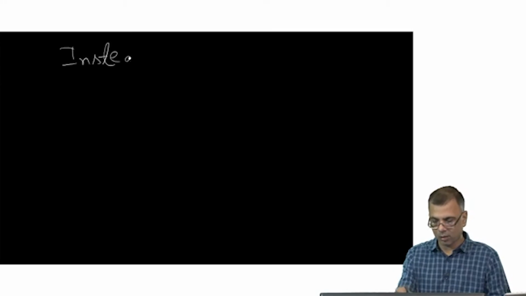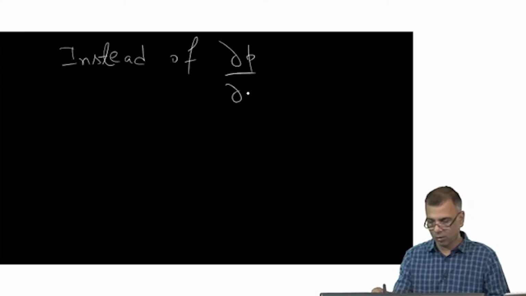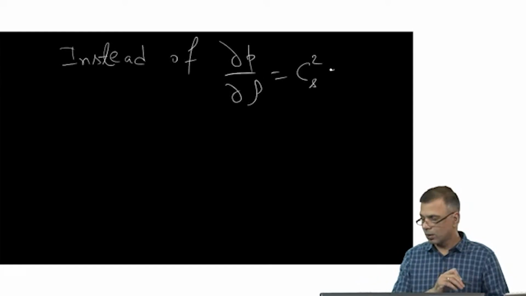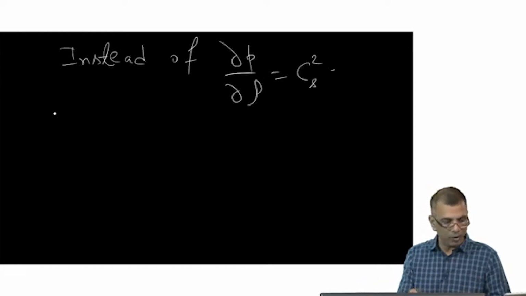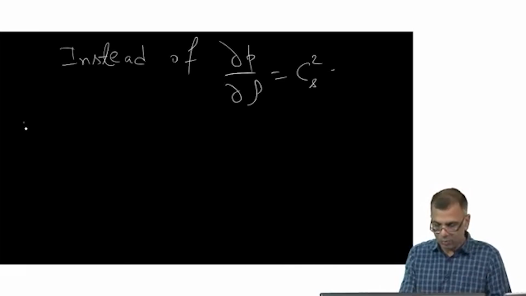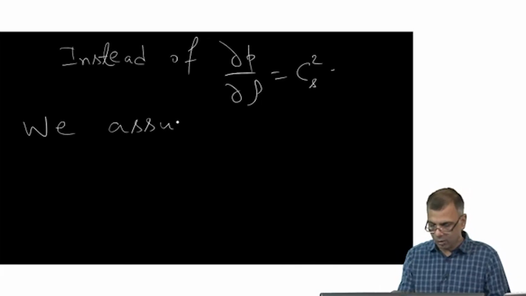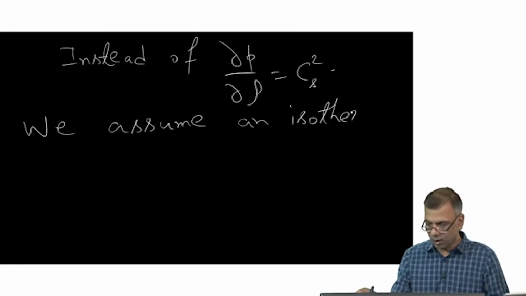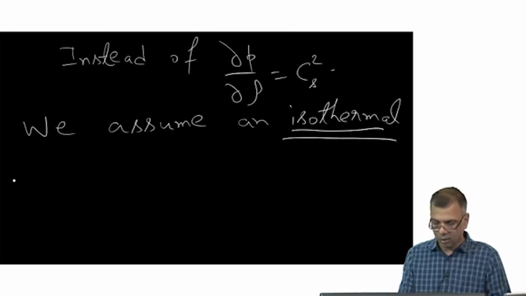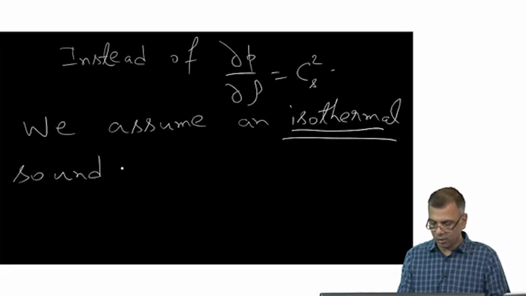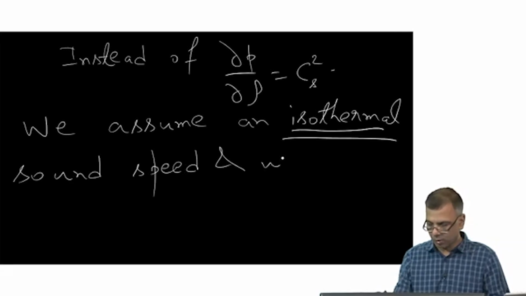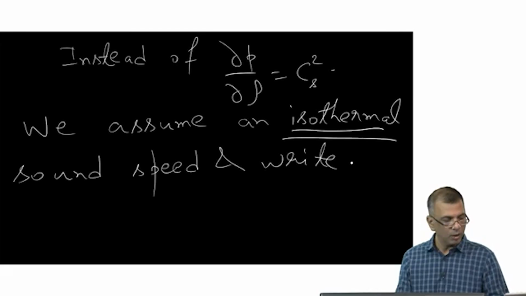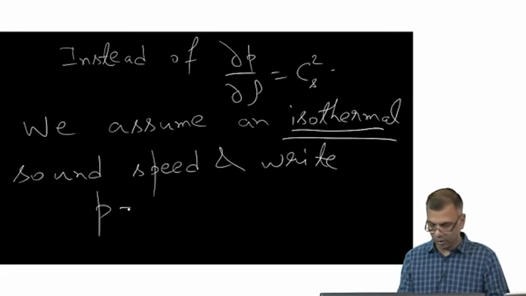Now what we do is, instead of this, we assume an isothermal sound speed and write P equals Cs squared rho.